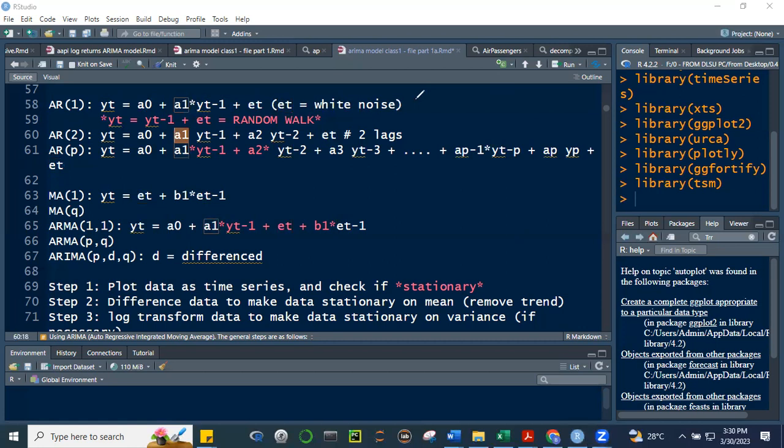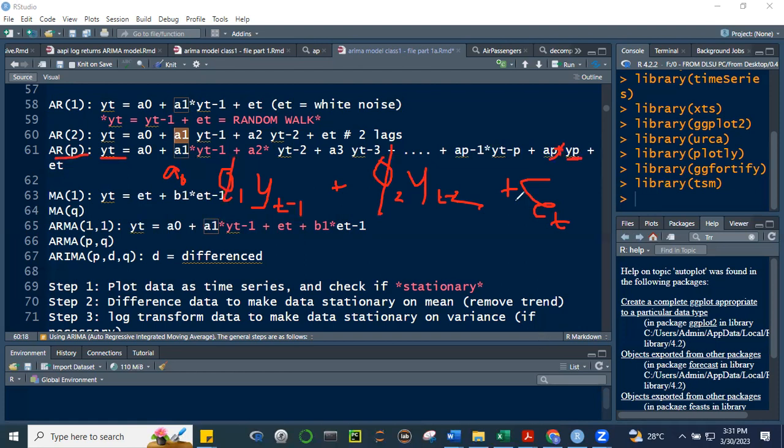They make use of a sub 0, plus phi sub 1 times y sub t minus 1, and then plus phi sub 2 times y sub t minus 2, and then plus your error term. All right, so this is an AR2 process. An AR(p) process, of course, means that you are regressing your y sub t on p lags.